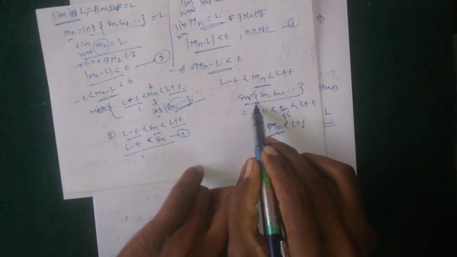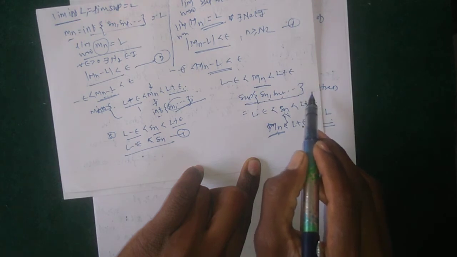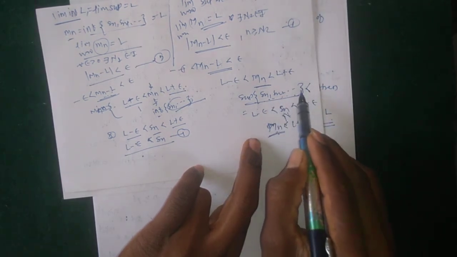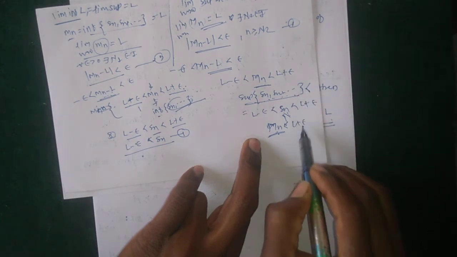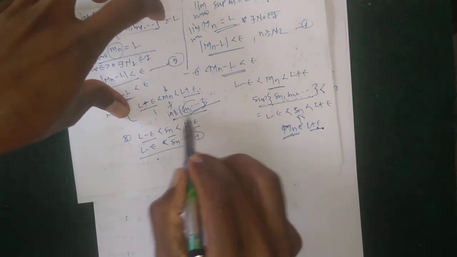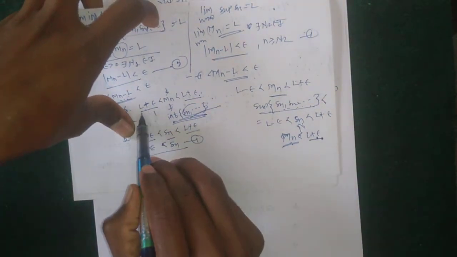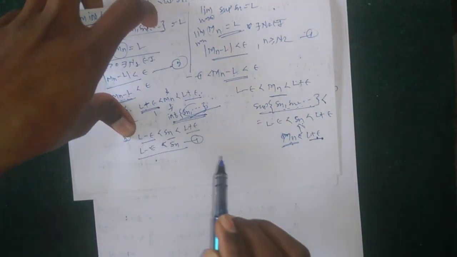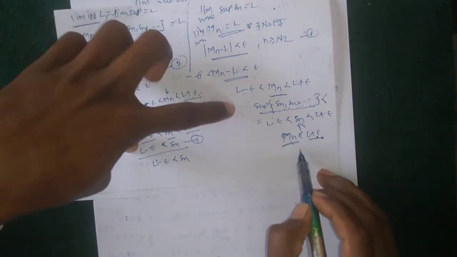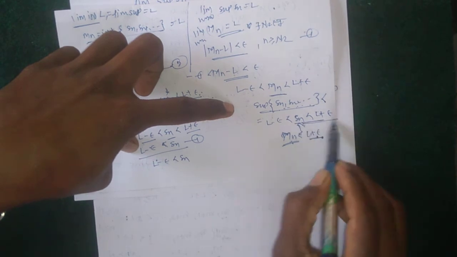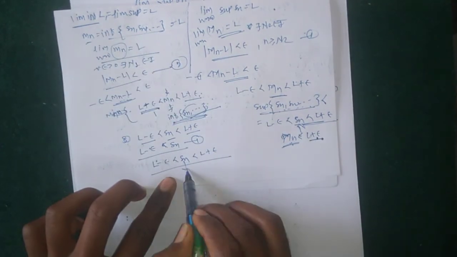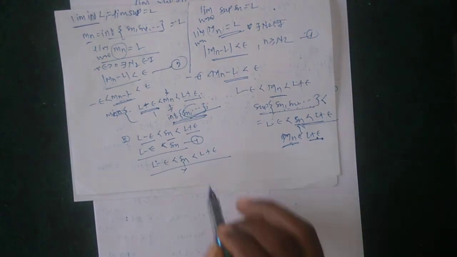Therefore all terms must be less than L plus epsilon, and here for the infimum, all terms must be greater than L minus epsilon. Therefore L minus epsilon is less than Sn, which is less than L plus epsilon, and therefore the given sequence Sn has limit L.